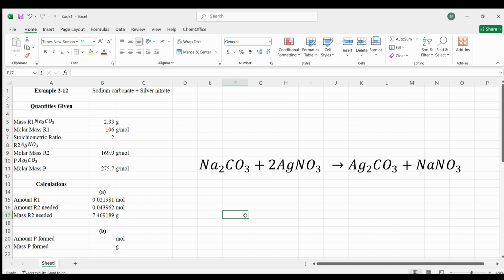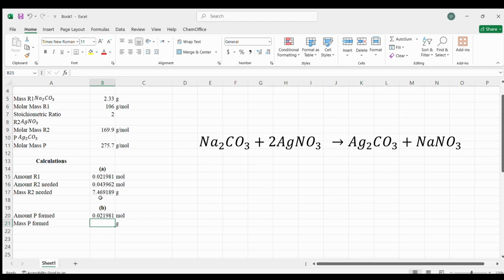I mean, both of their coefficients are 1. So here we can say that the amount is exactly the same as the amount of the first reactant. So this block equals this block, and we hit enter.